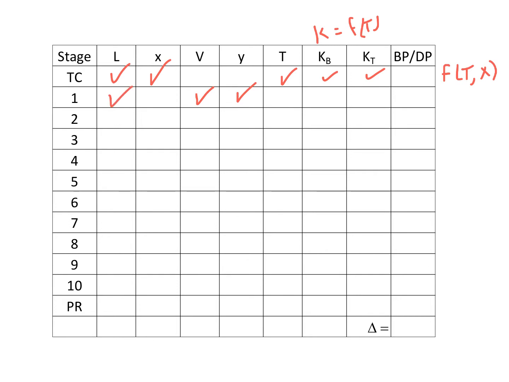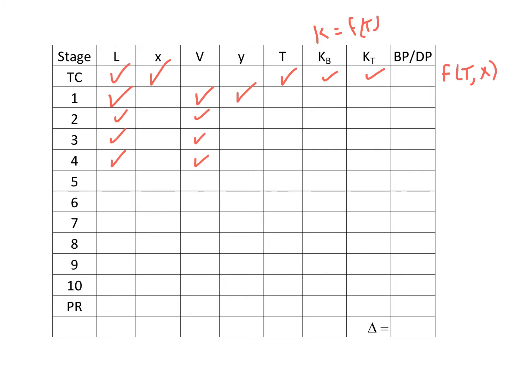In fact, the liquid flow rate all the way down the column can be calculated with an overall material balance, and at the feed stage, it's increased, assuming a bubble point liquid feed. The vapor flow rate at each stage can be calculated just using the equal molal overflow assumption. So these are all calculated, so we won't worry about those.